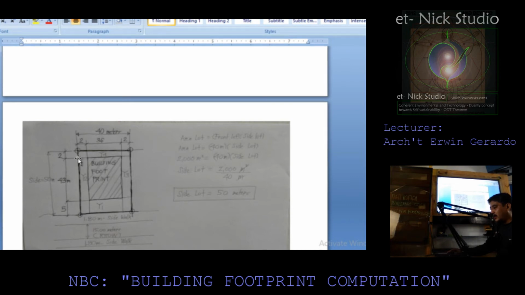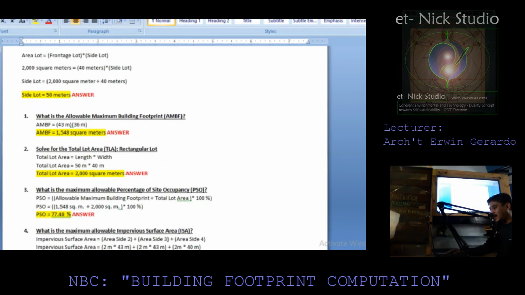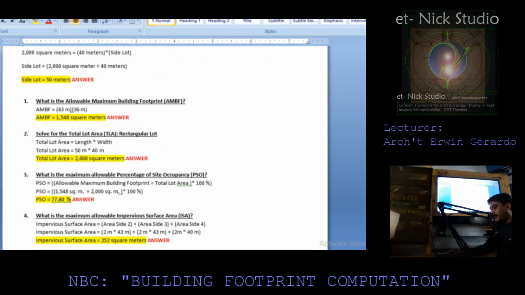That is why 2 times 40 meters. This is where we took that value. So therefore, if we're going to sum it up, the total impervious surface area is equivalent to 252 square meters.